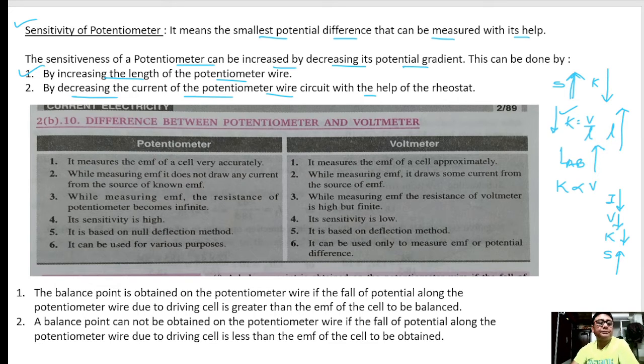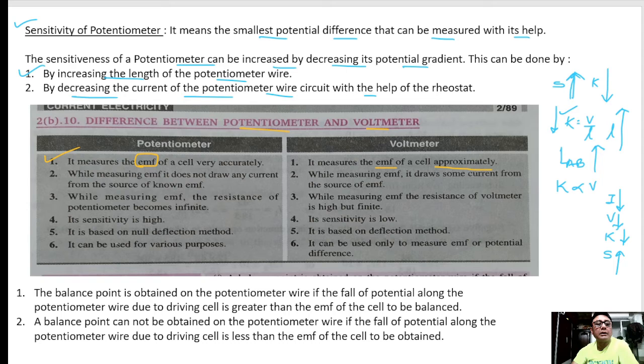Now let us see the difference between potentiometer and voltmeter. First of all, the potentiometer measures the EMF of the cell accurately, and the voltmeter measures the EMF of a cell approximately. Please keep in mind, the potentiometer measures it accurately, not approximately.